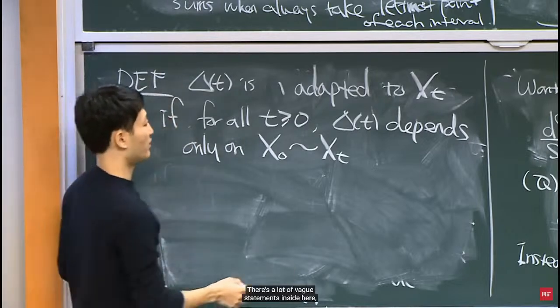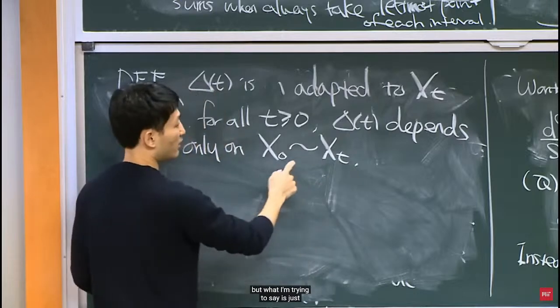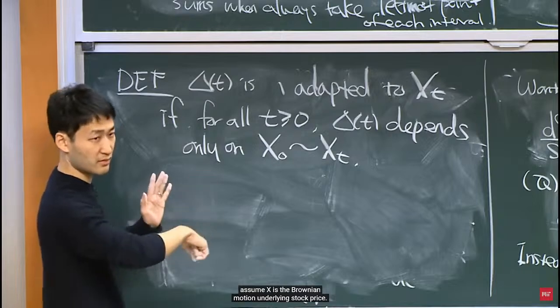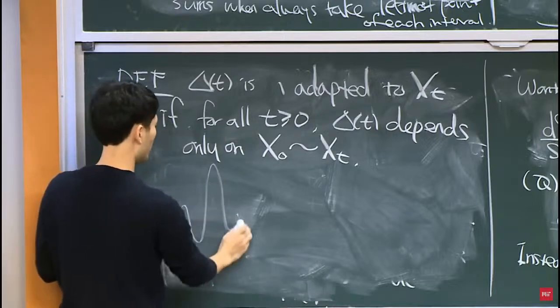There are a lot of vague statements in here, but what I'm trying to say is: just assume x is a Brownian motion underlying a stock price. So your stock is changing.